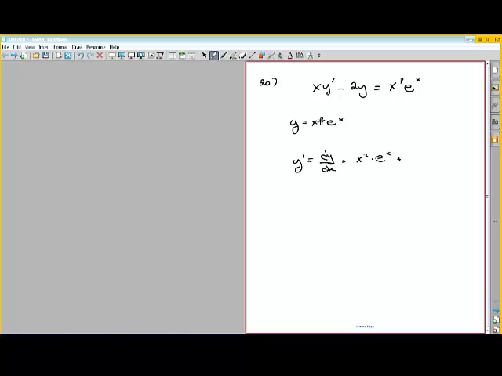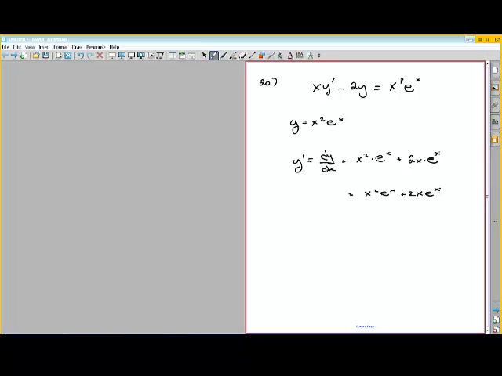Then you take the derivative of the first part, the derivative of x squared is 2x, and you leave the second part the same. So we can write y prime as x squared e to the x plus 2x e to the x. That's the derivative using the product rule.